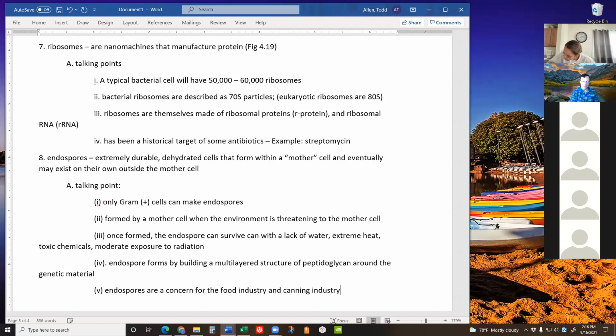Obviously, those are related. Endospores can also be a broader concern to the medical community. Generally speaking, most microbes that are inside your body, well, they're not going to form an endospore because they're living off nutrients in your body and they're happy to do so.